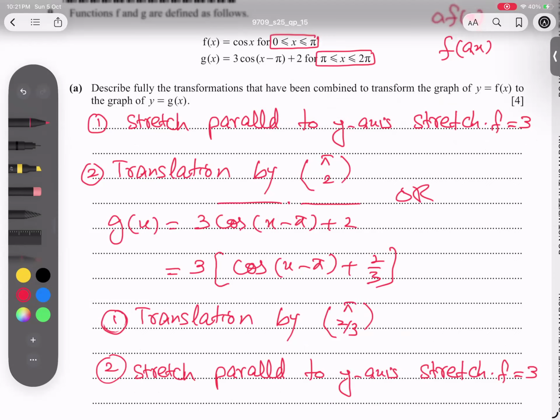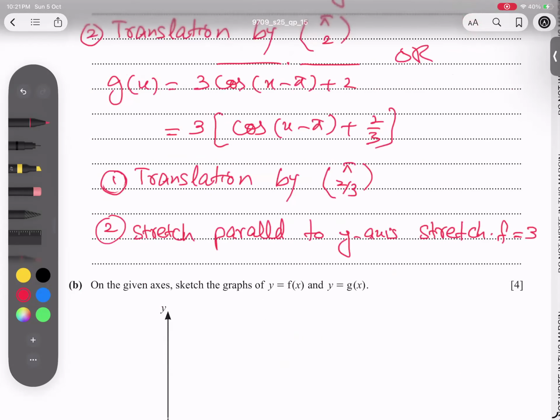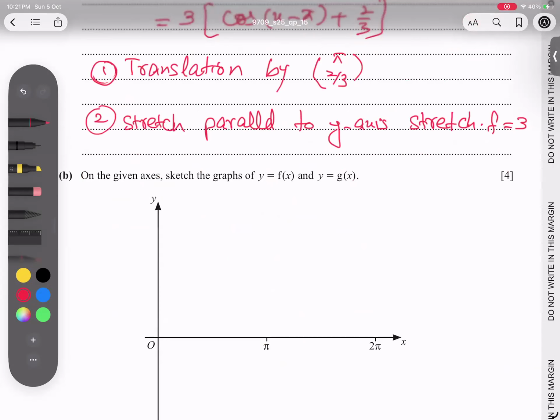Especially transformation. Now we have to go for another part, which is below, and he's asking for sketching. So let's try to do the sketching part.